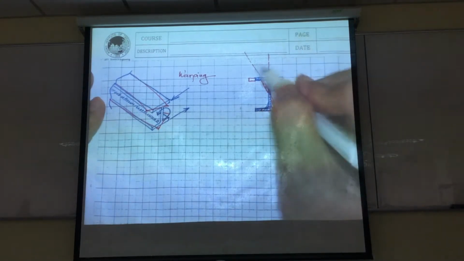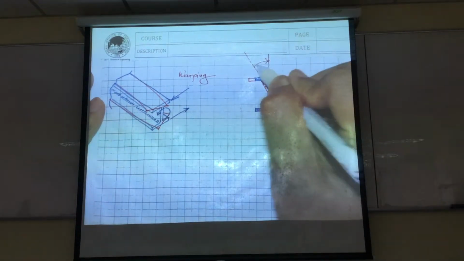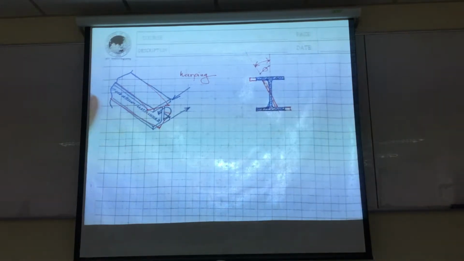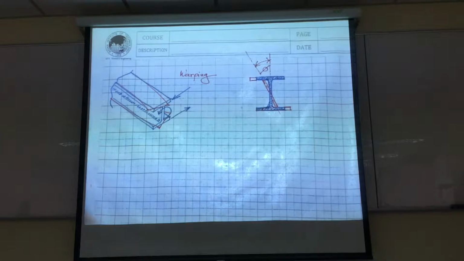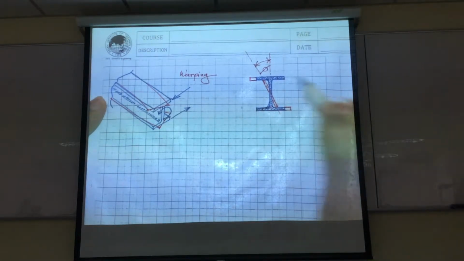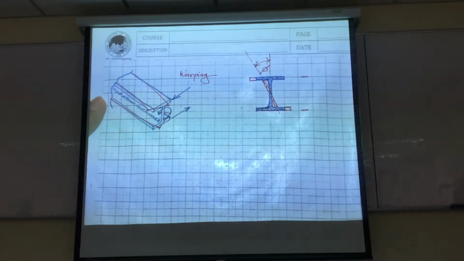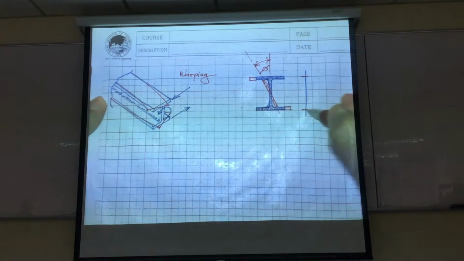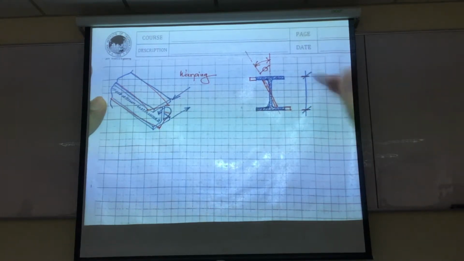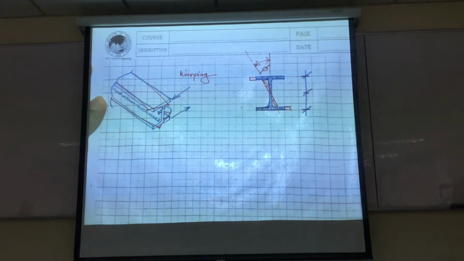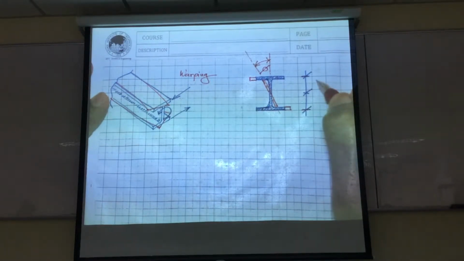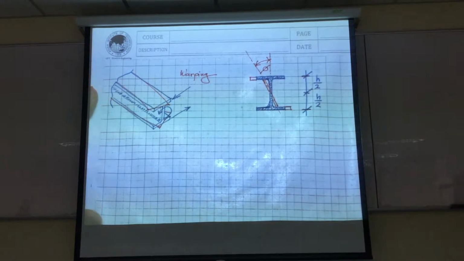So this angle, last time it was defined to be the phi. Okay. So as this is defined this way, h over 2 and h over 2, the depth.